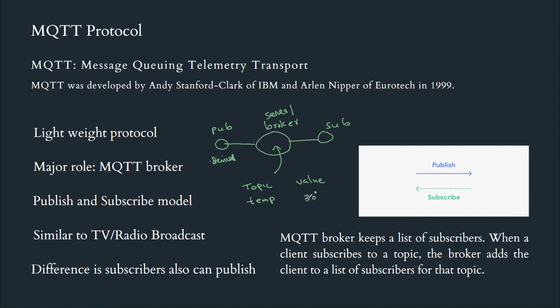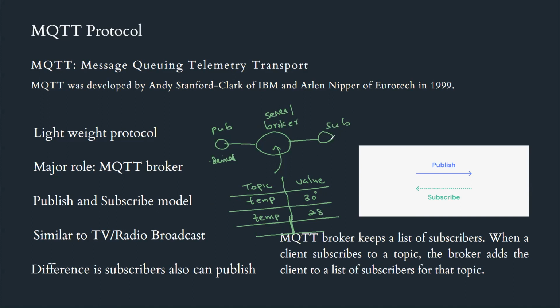It could be 30 Celsius. So the MQTT broker will store the data in its server under a certain topic, and if the value is changing over time, it will be stored in the broker, and with time it will have different values.